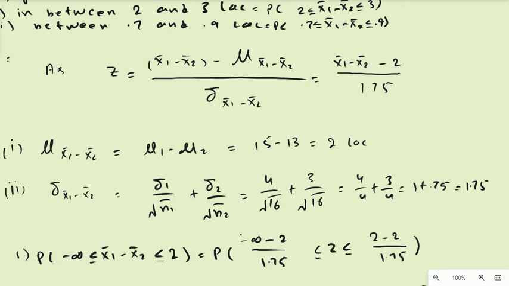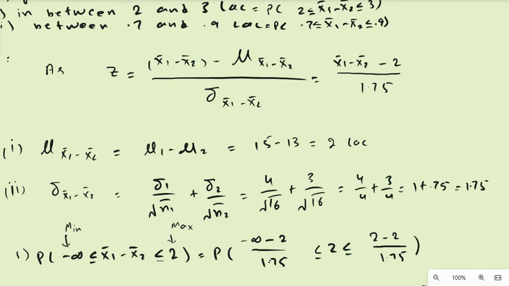We put z for x1 bar minus x2 bar. This is the minimum limit, and this is the maximum limit. On the greater side we put the maximum limit, which is 2, and on the less side we put the minimum limit, which is minus infinity.